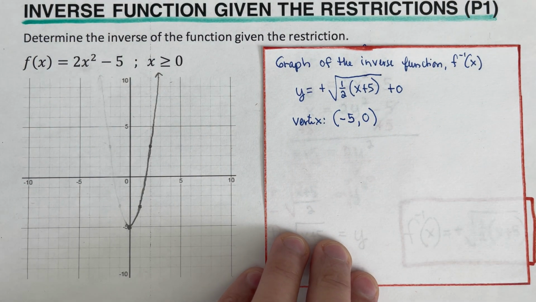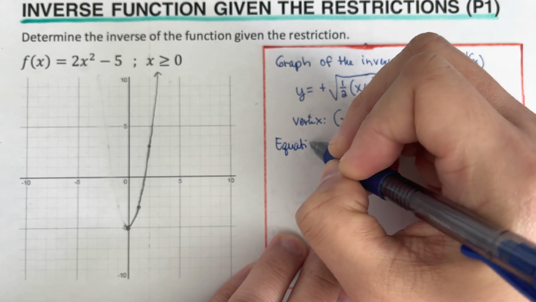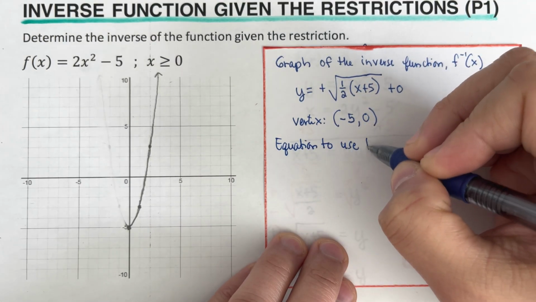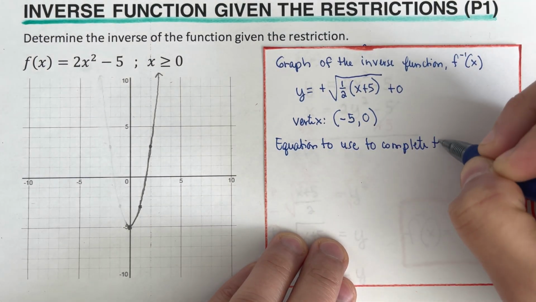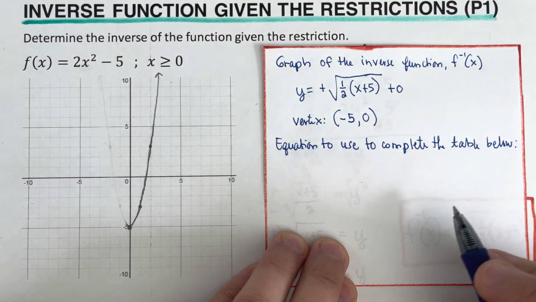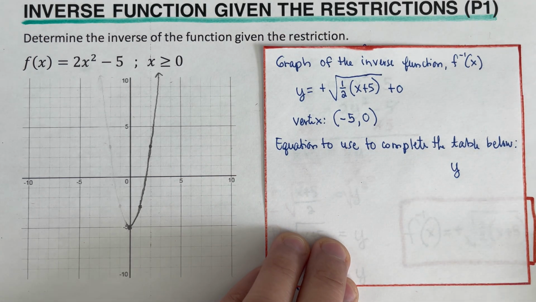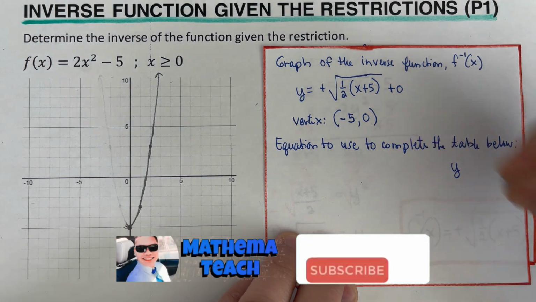Now we are ready to determine the equation to use to complete the tables. I'm just gonna write that down here. So the equation that we're going to use would be y. Remember that we are supposed to cover the value of the h.